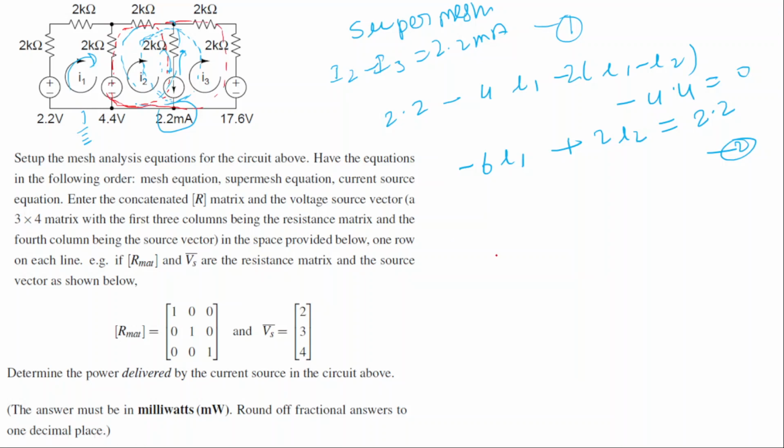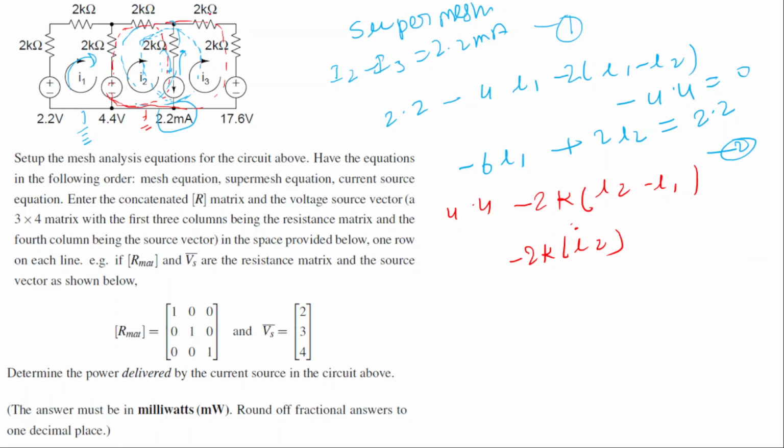So now let's write the third equation. We start from here, 0 to 4.4 volt. So 4.4 minus 2k times I2 minus I1, minus 2k times I2.